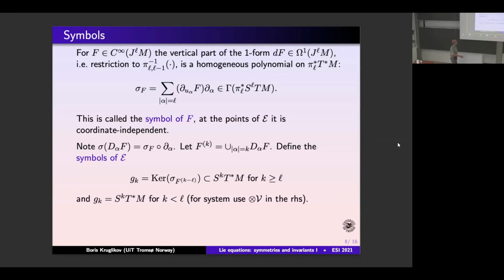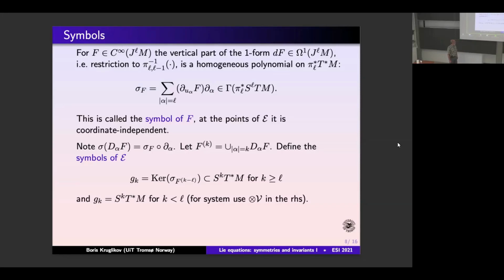Okay, so when we do prolongation to order k, let's just unite all possible derivatives that we need, and then we take all their symbols, and let's define the symbol of order k of our equation. That's going to be a linear subspace in the k-th symmetric power of T star M. Equivalently it is just the prolongation of the previous symbol of order l.